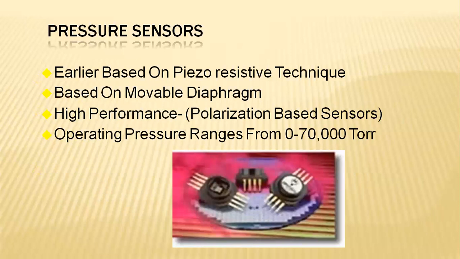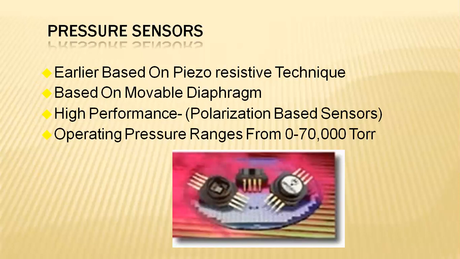And the pressure sensors. Here, the pressures are verified with respect to the minimal deflections occurring within the objects, and those sinusoidal changes will be clearly examined by the technique called the piezo-resistive technique.